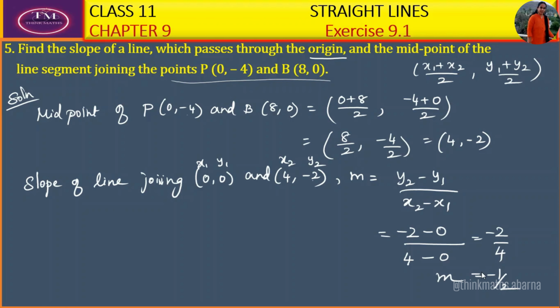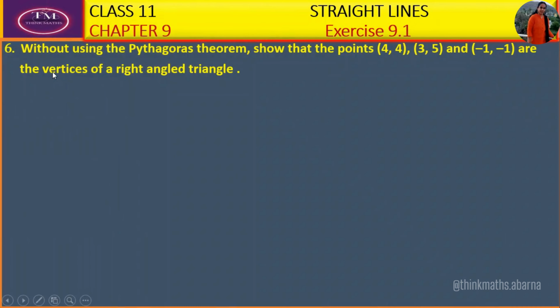Clear, children? Very easy, isn't it? Shall we move on to the sixth one? Without using the Pythagoras theorem, show that the points are the vertices of a right angle triangle. What do we know? If it is a right angled triangle, that is, if two lines make 90 degrees, then the product of their slopes equals minus 1.